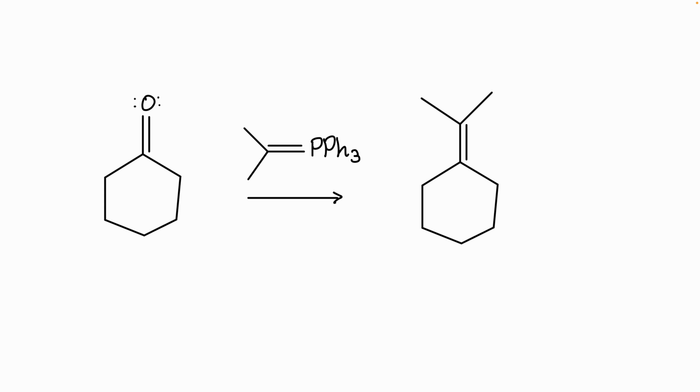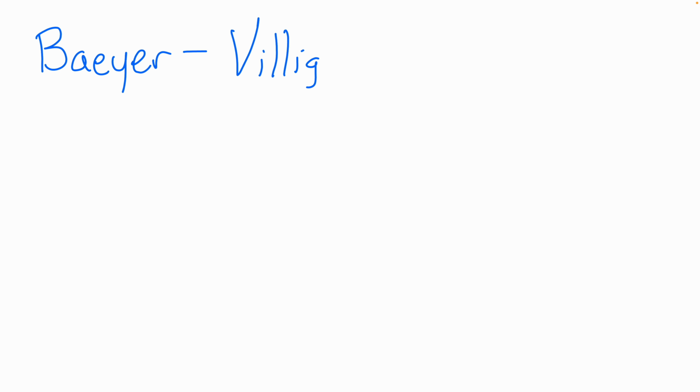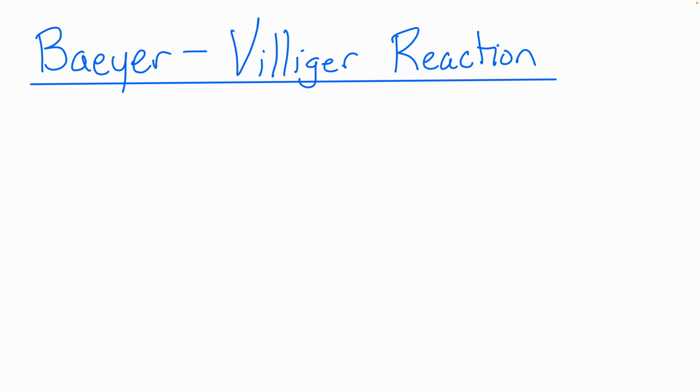Cool. All right, and the last one is what's called a Baeyer-Villiger reaction. So first of all, let's remember that we've talked about these reagents before, these peroxy acids.